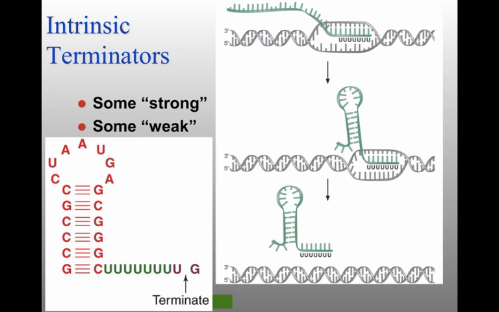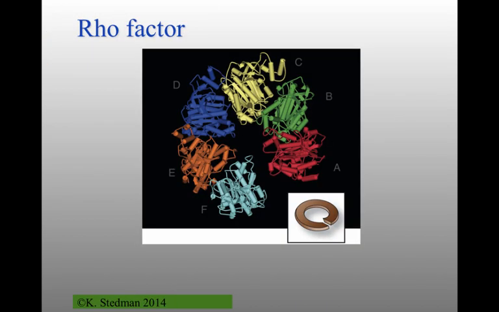The other kind is so-called protein-dependent or factor-dependent termination, and this happens through a protein called Rho. I guess all the E. coli biologists were really into Greek at the time, so they'll give them Greek letters for their names. This is a ring-like structure which has a small hole in it. That hole is just the right size for single-stranded RNA.